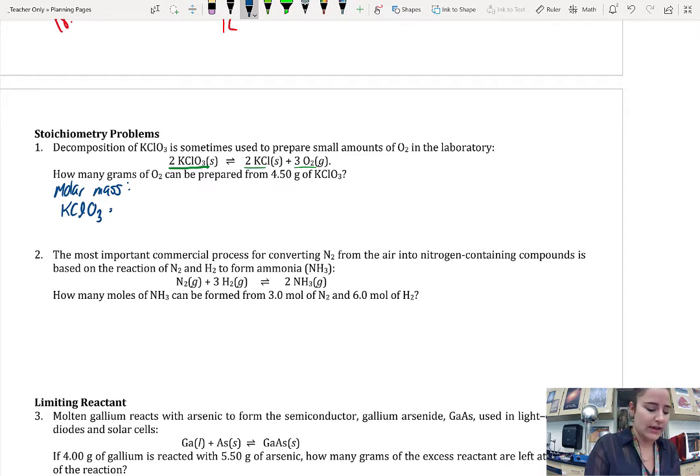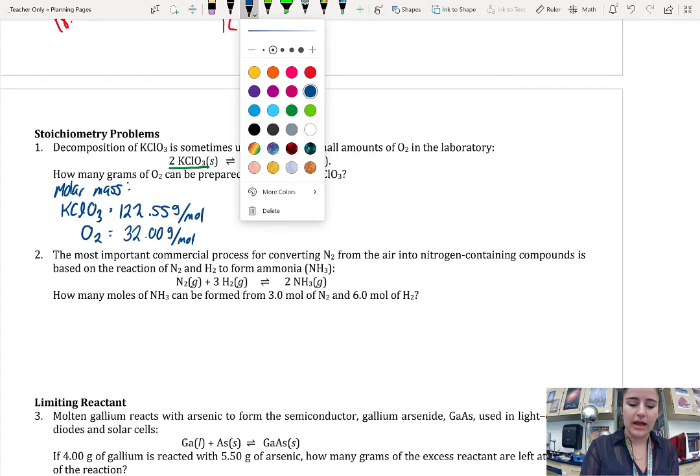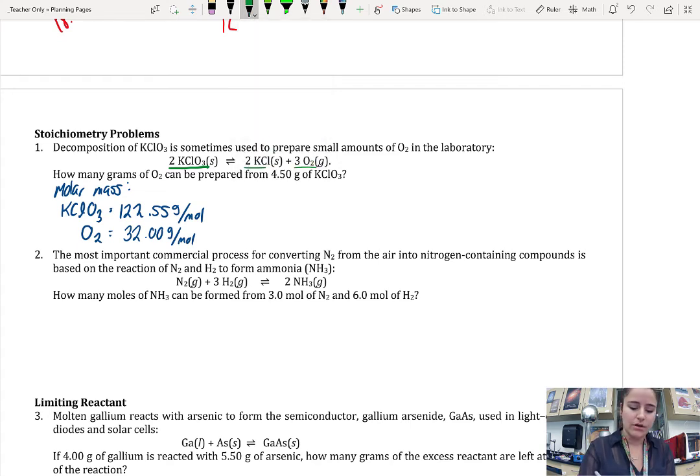Okay, so the molar mass of KClO3 is 122.55 grams per mole. Okay, and then O2 is just 2 oxygen atoms. It's 16 each, so 32.00 grams per mole. And now we're ready to convert and do our stoichiometry.